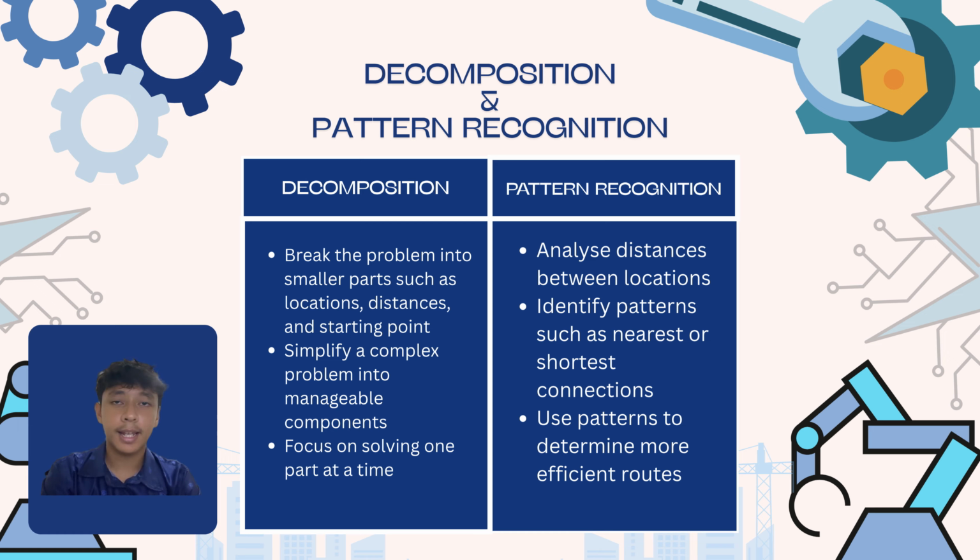For example, we observe which locations are closer to each other, and which path may result in a shorter distance. By combining decomposition and pattern recognition, we are able to reduce the complexity of the problem and gain a clearer understanding of how to approach the solution.